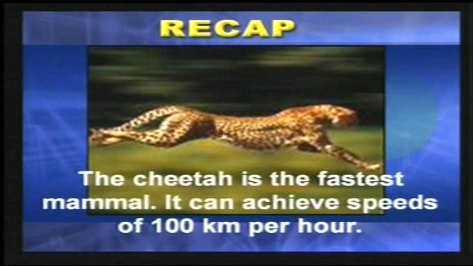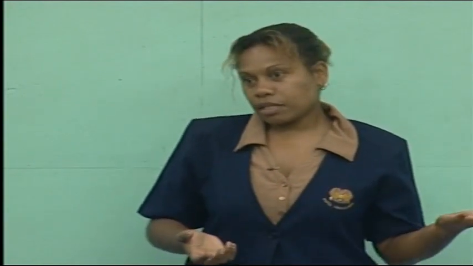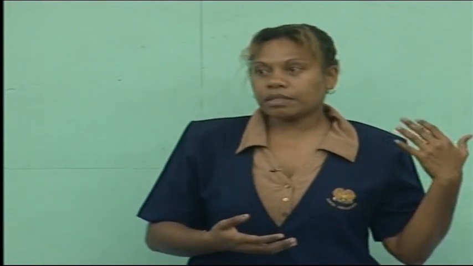Maybe the cars that we travel in go let's say 50 kilometers per hour. So this animal travels twice as fast as what cars travel. So just to give you an idea of what the cheetah looks like, okay?